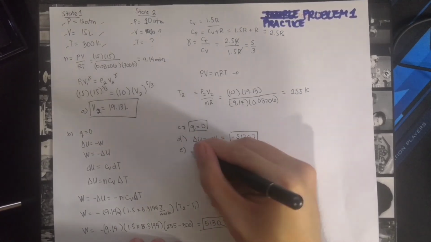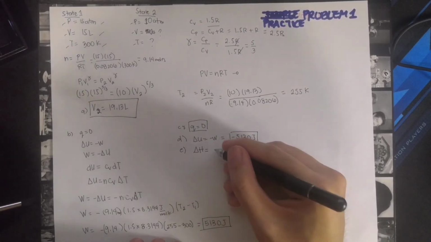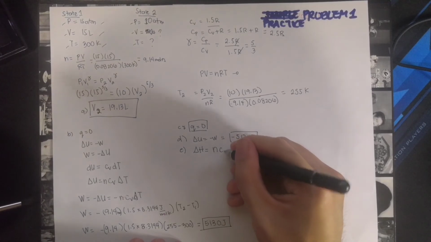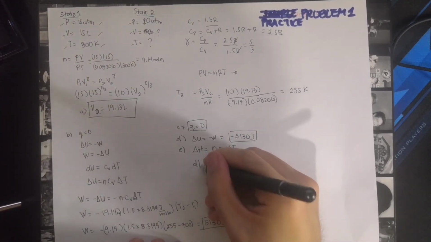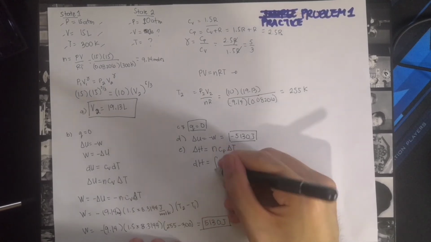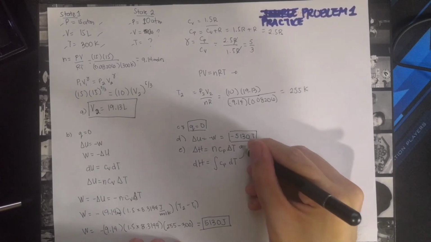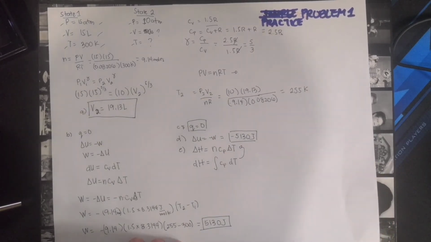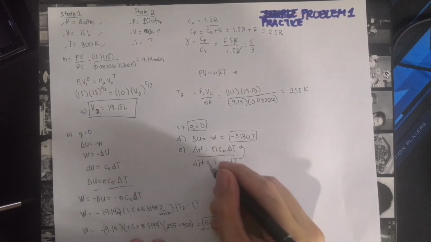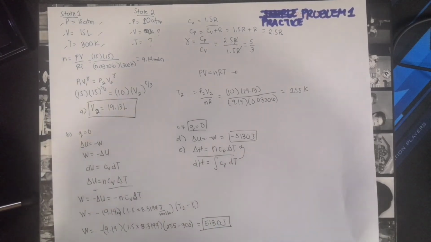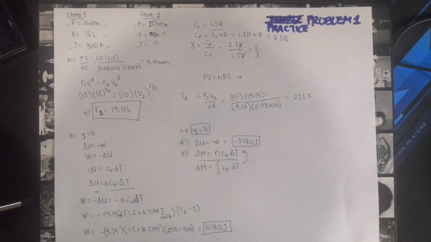And for letter E, we're looking for the change in enthalpy. Delta H is just equal to n Cp delta T, similar to earlier, where dH is equal to Cp dT. Integrating that, we just get this relation. Please recall that these expressions for delta H and delta U, relating Cv and Cp to them, are always valid for any ideal gas.